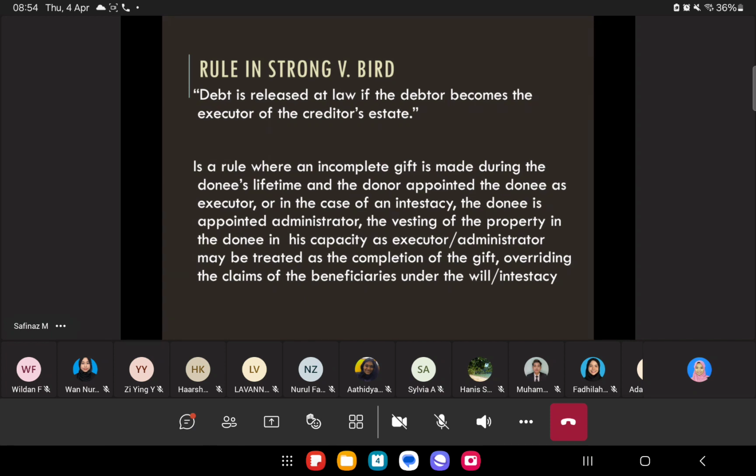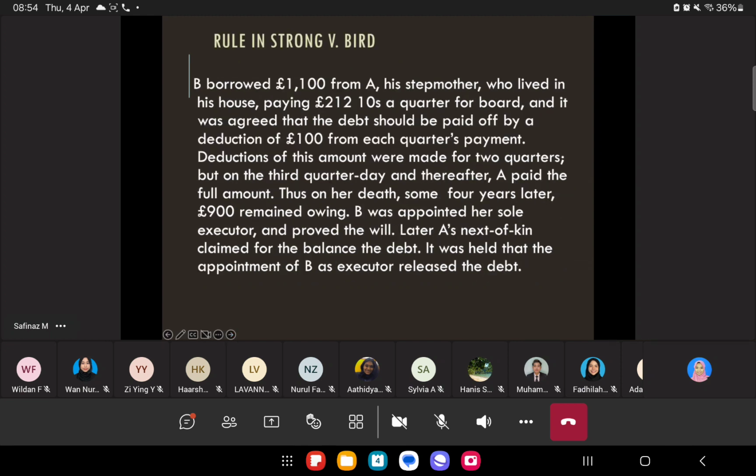Okay, the vesting of the property in the donee in his capacity as executor and administrator may be treated as the completion of the gift. Maknanya that it becomes the vesting of the property. Okay, kita tengok apa kes ni sebenarnya.